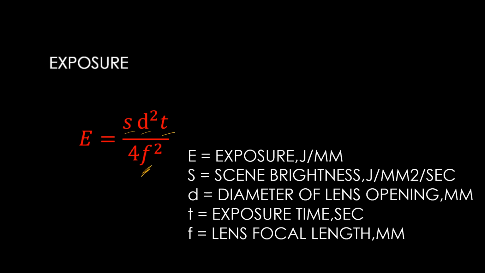So it seems that exposure is directly proportional to scene brightness, the diameter of the lens opening and the exposure time, and it is not directly proportional to the focal length.